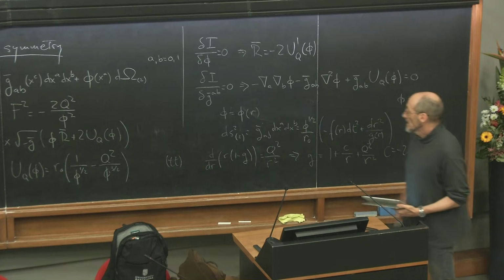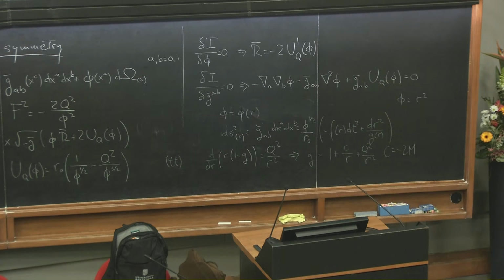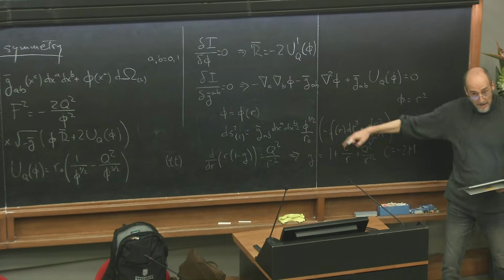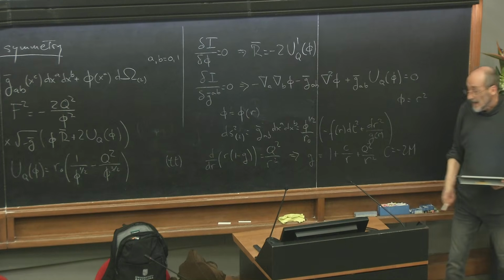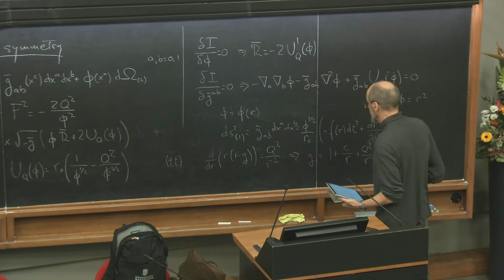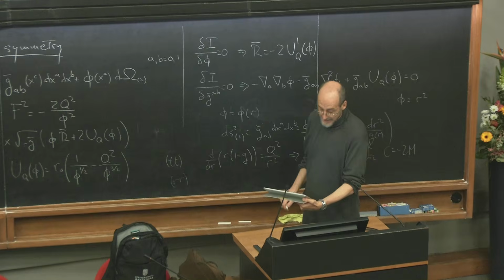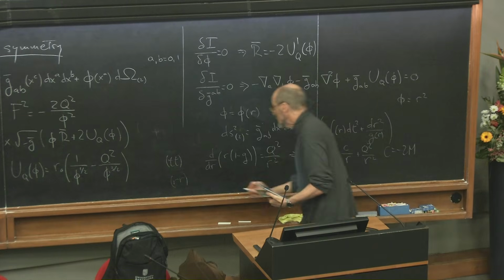Okay. So as I say, I can take the TT component and solve it like this. I get an integration constant, fixed by looking at the field at large distances. If you compare it to the Schwarzschild solution, then I identify this C as minus twice the mass. And then the RR Einstein equation, you plug it in and solve it.